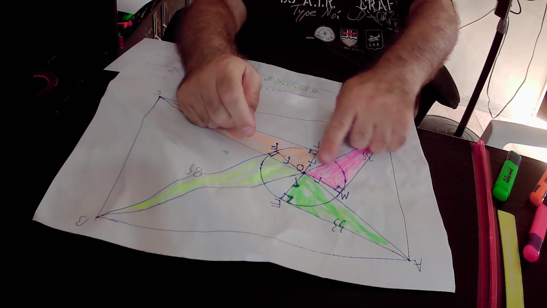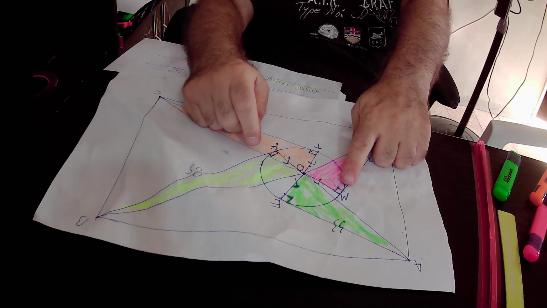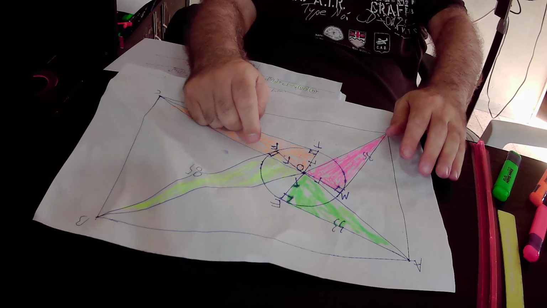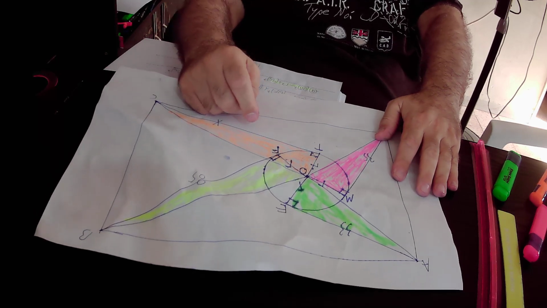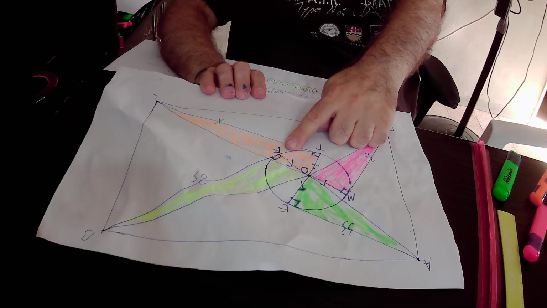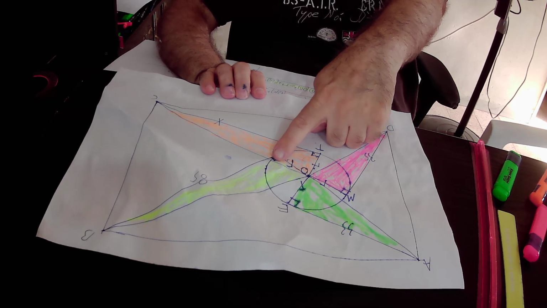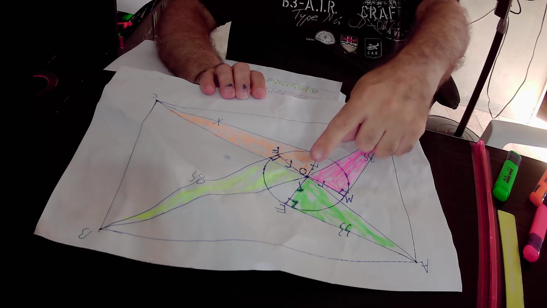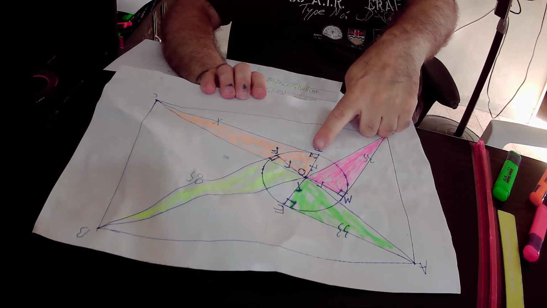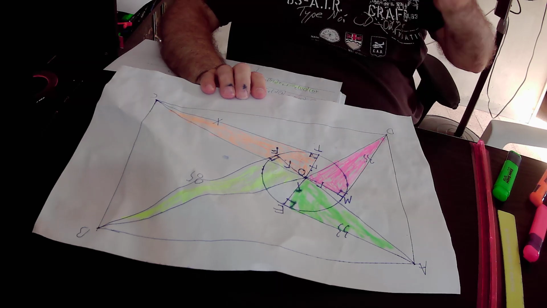We have the radius OM drawn to the point of tangency, therefore this angle equals 90 degrees. Likewise, the radius OF drawn to the point of tangency gives 90 degrees. And finally, the radius OT drawn to the point of tangency gives 90 degrees according to rule number 1.